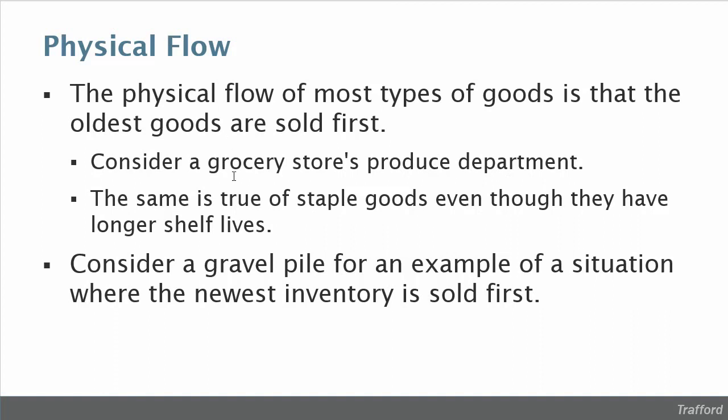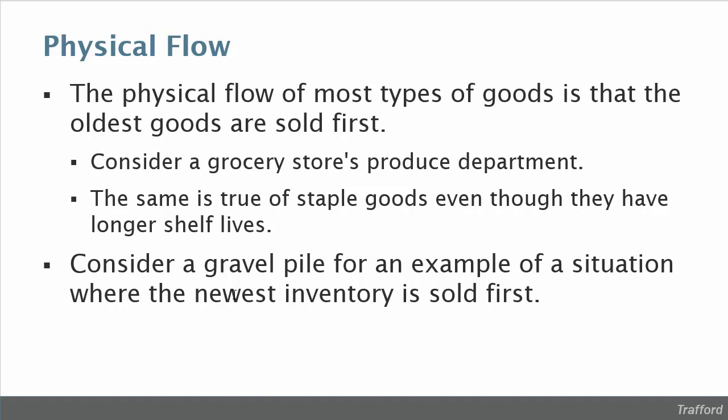Now, can the opposite ever happen? Is there a case where the physical flow of goods is generally the newest stuff getting sold before the oldest stuff? Well, a really easy example is noted here, a gravel pile. So you can picture a company mining gravel to sell to their customers, and they start out with a small pile of gravel, and then, throughout the day, the week, the month, you've got these trucks dumping newer layers of gravel on top of the little pile, and the pile is getting bigger and bigger.